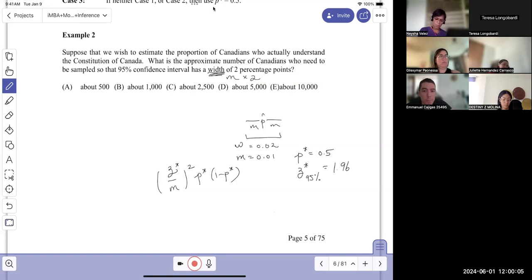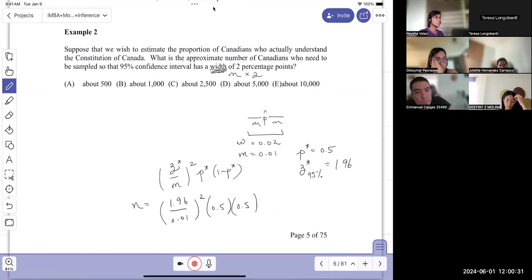I showed you that on the T table. You can also derive it from the Z table. So let's put everything in. 1.96 divided by 0.01, don't forget to square, times 0.5 times 0.5. This is equal to N. Don't forget to square. What do you get?